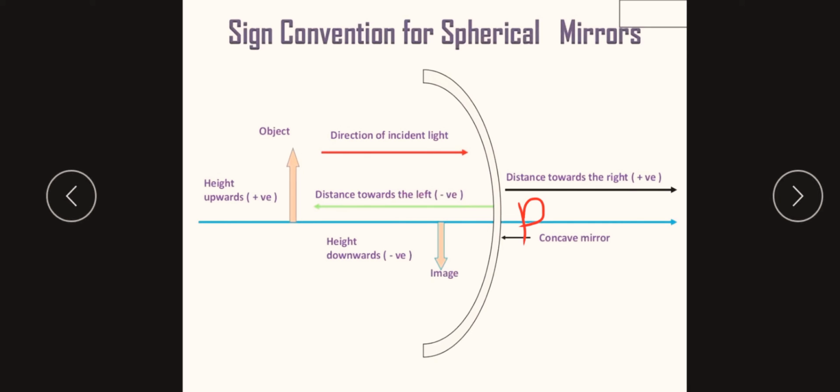The third one is height: measurement along the upward direction, perpendicular to the principal axis, is taken positive. Height measured downwards and perpendicular to the principal axis is taken negative. So these are the three sign conventions for spherical mirrors.